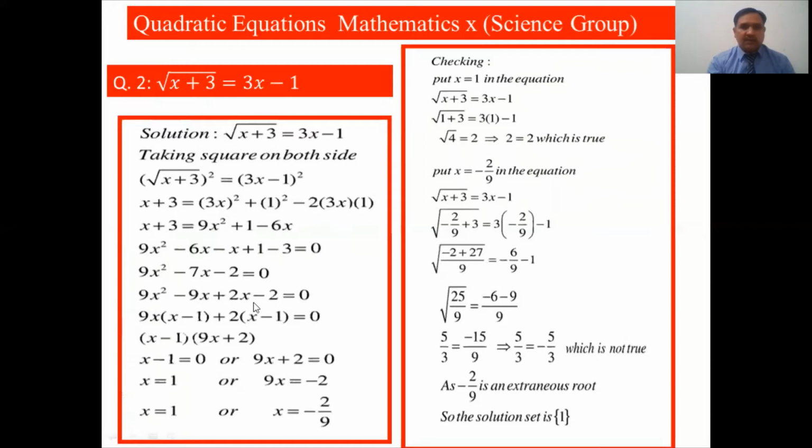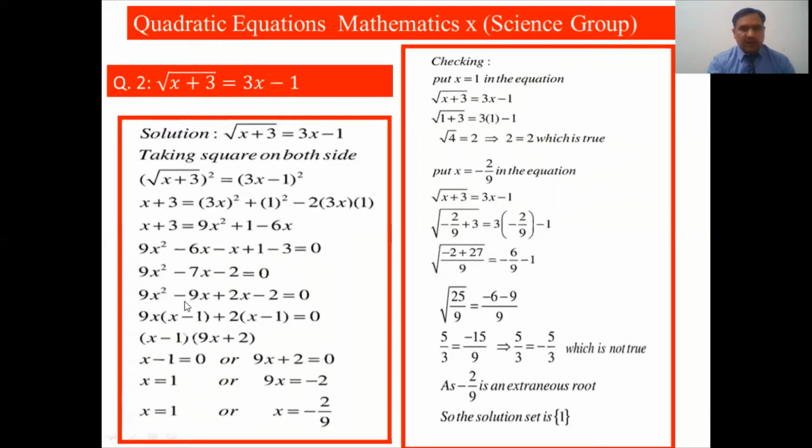About factorization, we have discussed in detail in ninth. So if you have any problem, you can revisit your factorization method. So after factorization, we can write minus 7x as minus 9x plus 2x, minus 2 is equal to 0.